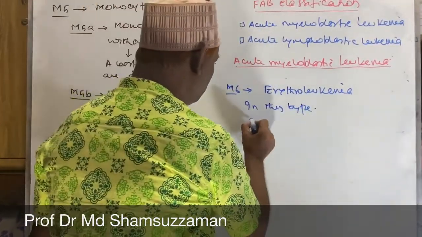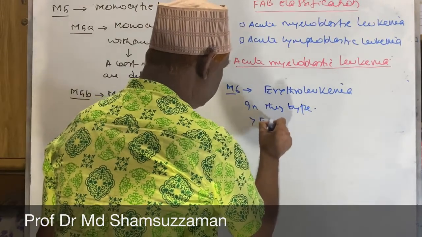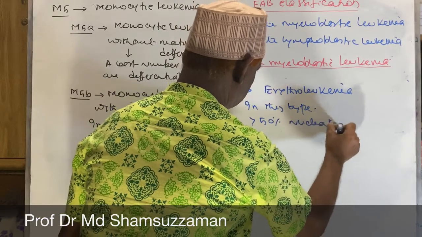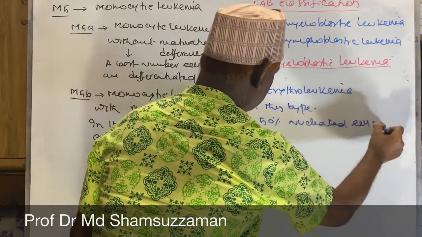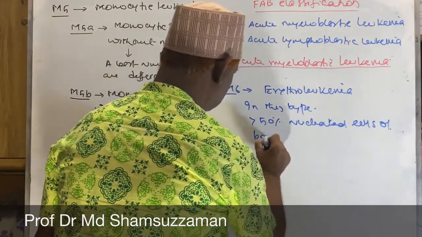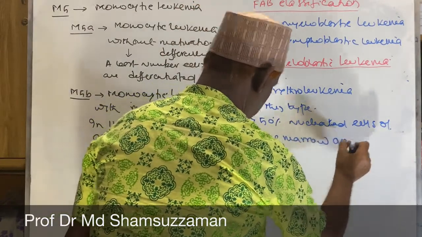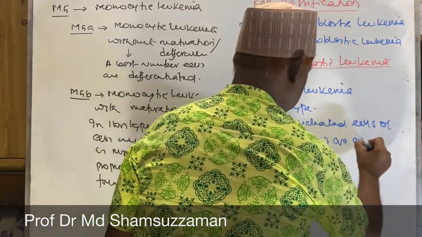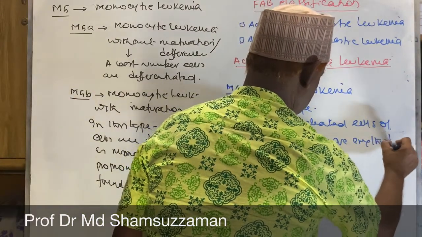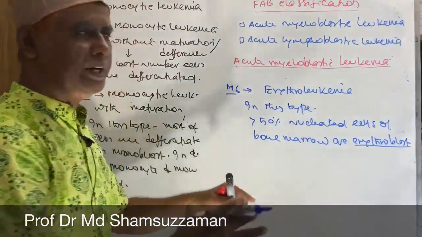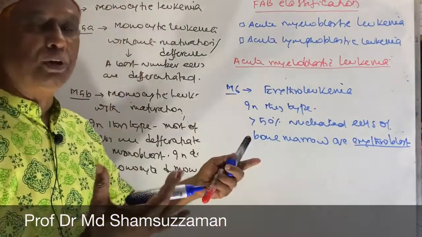We get more than 50% of the nucleated cells of bone marrow as erythroblast. Erythroblast means these are the nucleated red cells, and this is the initial stage of erythropoiesis.